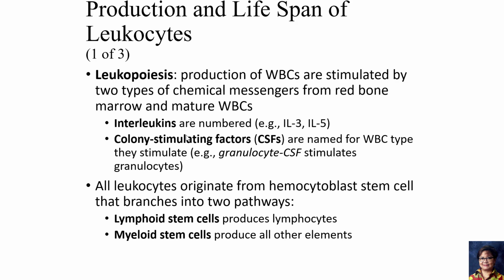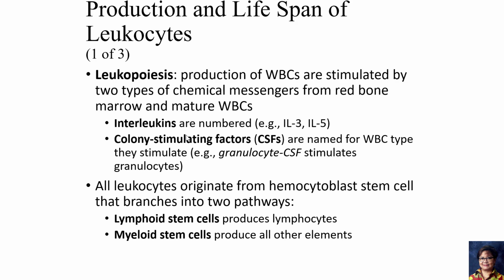The term given for the production of white blood cells is leucopoiesis. And because there's actually five of them, in order for the hemocytoblast to differentiate into any one of the five, it will have to receive different growth hormones to prompt it to become any one of them.